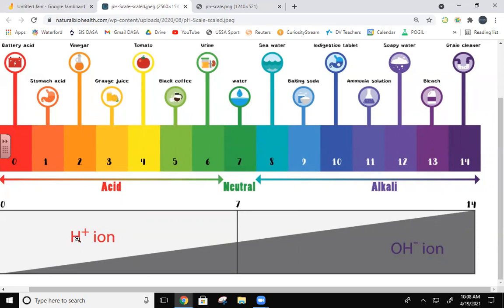It's just a proton, no electron, that's it. Might have a neutron with it, maybe. OH minus is an oxygen and a hydrogen, and they found an extra electron somewhere and they yoinked it.